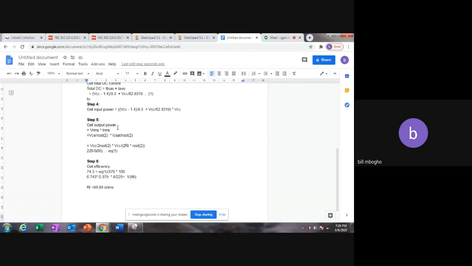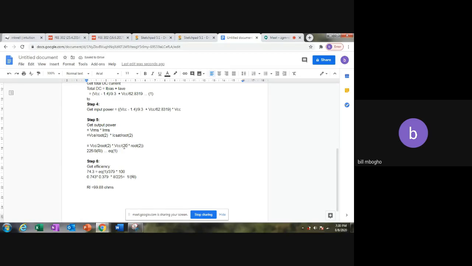Next one, get the output power, which is the VRMS power for the output, VCE over root 2, which is VCC over 2 root 2, times VCC over RL. We have it as 20 times root 2.